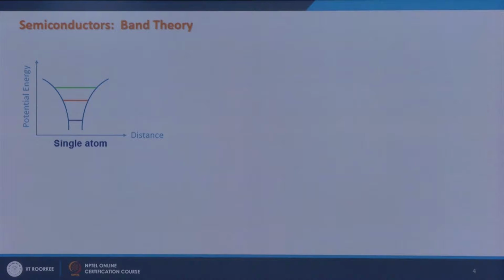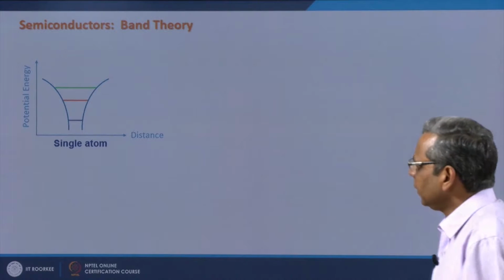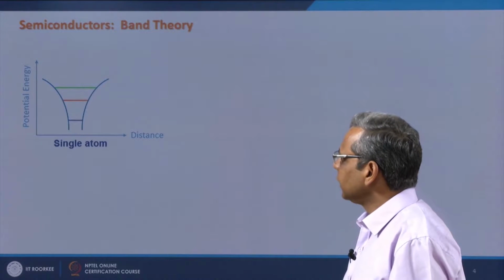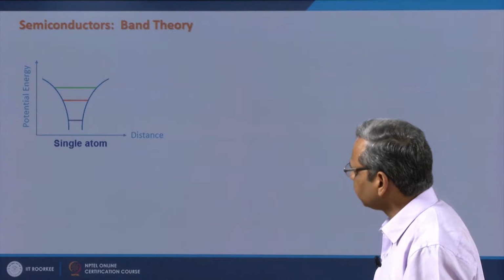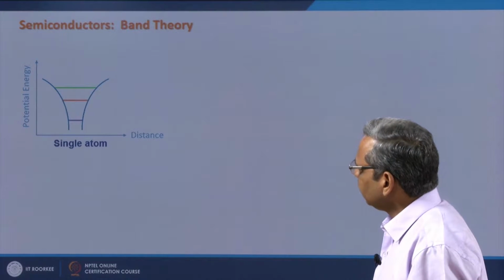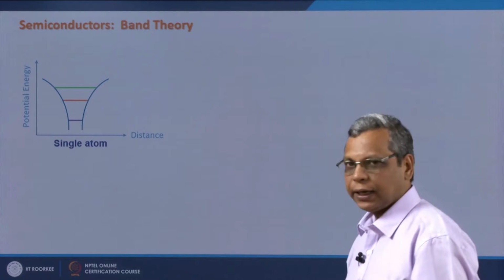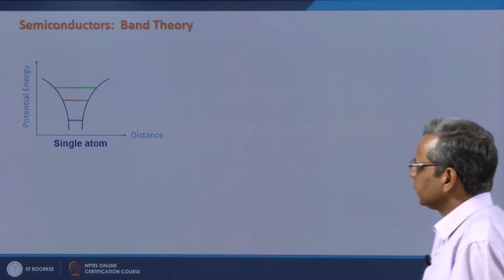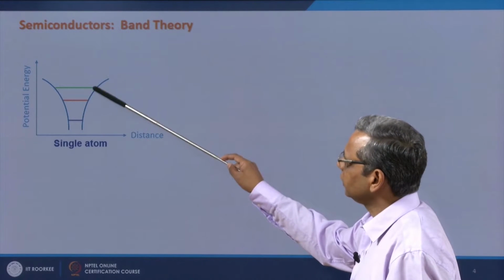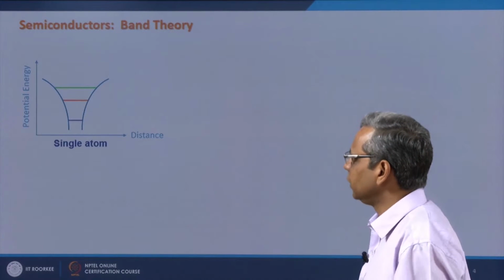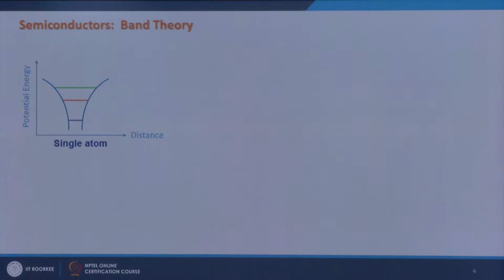And quantum mechanics tells me that if an electron is subjected to this kind of potential energy, then it has certain bound states, it has discrete energy levels. It can occupy this energy or this energy or this energy and no energy in between. We know this from quantum mechanics.